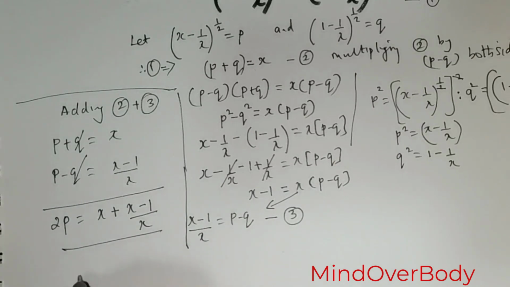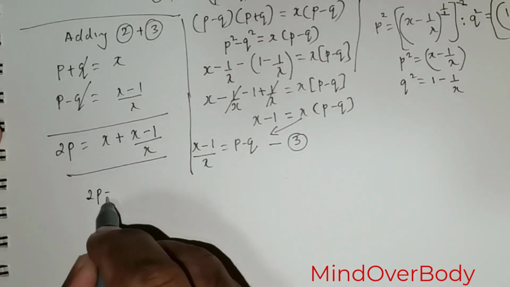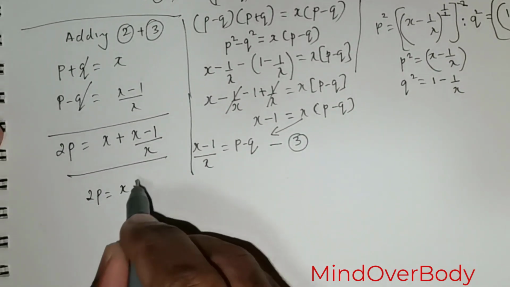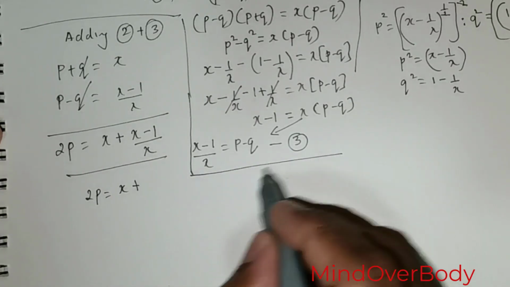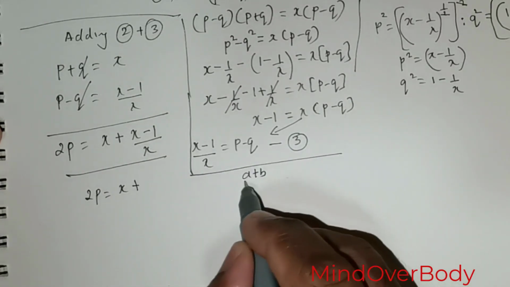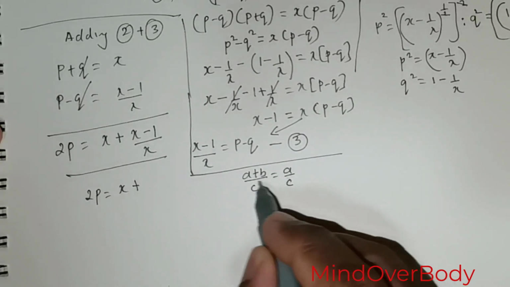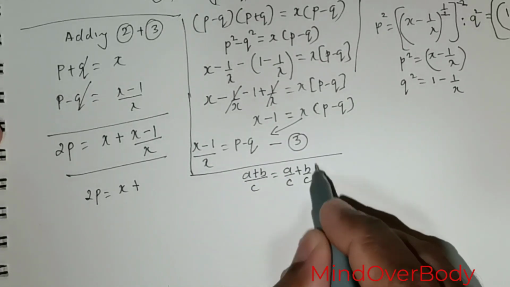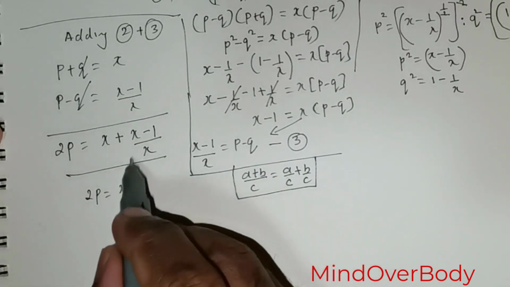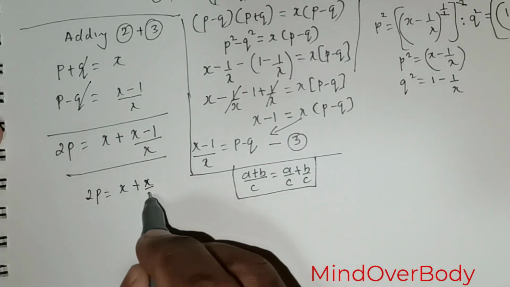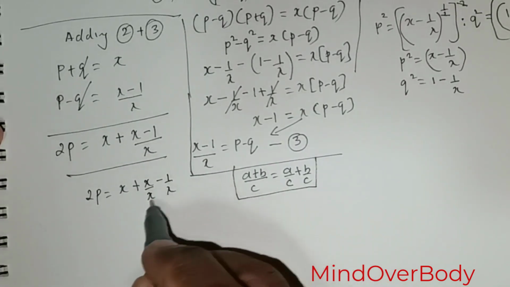So for that I would be rewriting this as 2p = x + (x − 1)/x. Now there is an algebraic property which states that if I have something of the form (a + b)/c, I can rewrite it as a/c + b/c. By that I can rewrite this as x/x + (x − 1)/x.